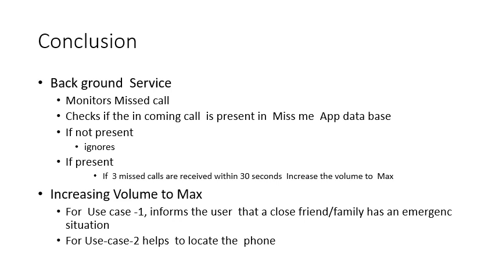If it is present and three missed calls are received within 30 seconds, it increases the volume to max. Basically, it monitors for three missed calls within 30 seconds and increases the volume to max. So background service is essential for Miss Me app to work because it uses this fact that if three calls are made within 30 seconds from a pre-registered number, the volume will be increased to max.